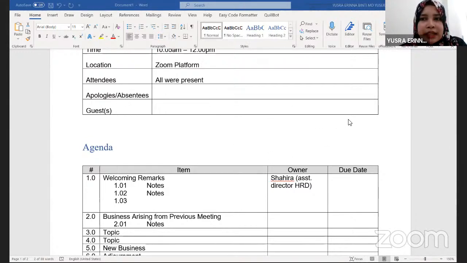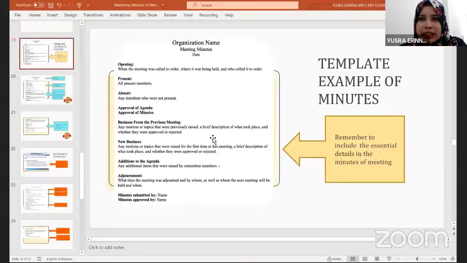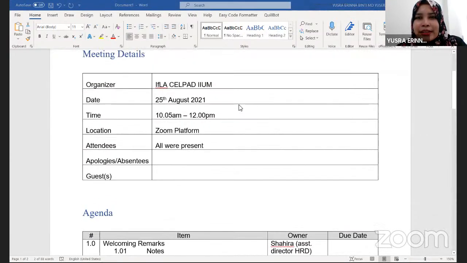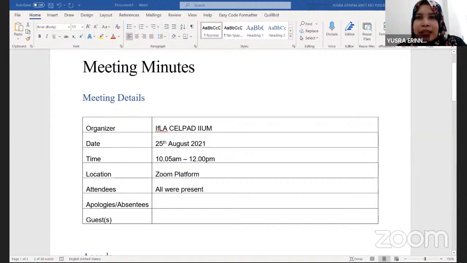Remember, this one is structured, and the one before was free flow. I hope that you can see my screen. I believe you can see it. If you couldn't, many would have complained already. Okay, we are done with that.